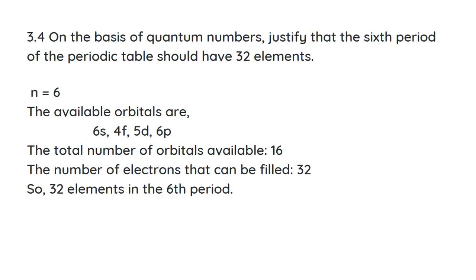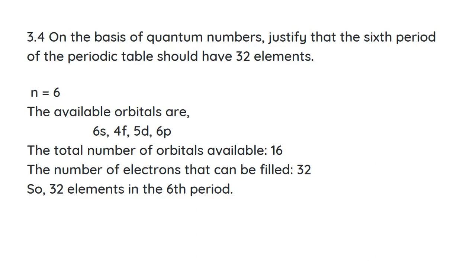The total number of orbitals which are available is 16. The reason is that for s you have 1, for f you have 7, for d you have 5, for p you have 3. So 3 plus 1 plus 7 plus 5 equals 16. So the number of orbitals available is 16, and the number of electrons that can be filled is 32. So there will be 32 elements in the sixth period.